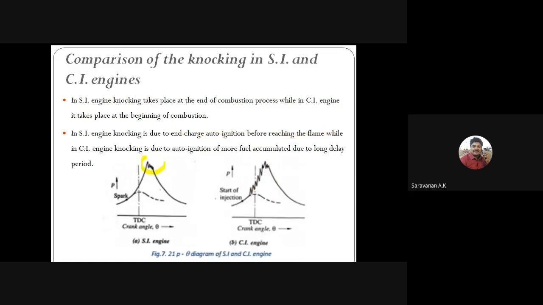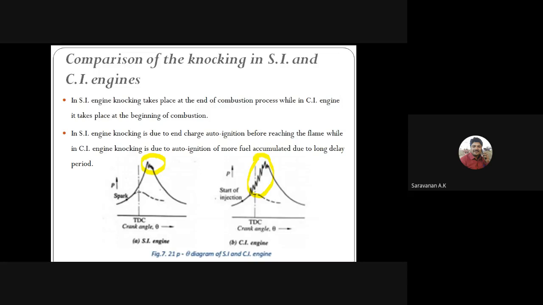You can differentiate the SI engine and the CI engine from this graph, the comparison you can see. So where does the knocking occur? In the SI engine, the knocking is due to the end charge auto-ignition, right?